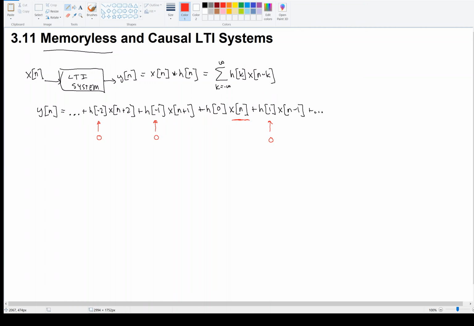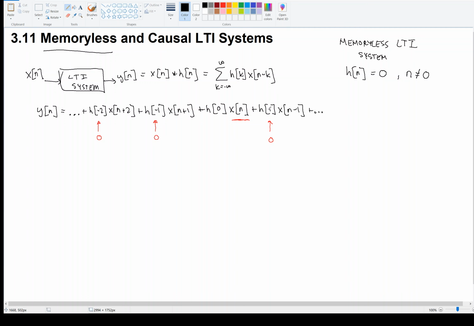So that leads to the conclusion that a memoryless LTI system must have an impulse response, h, that is 0 for n not equal to 0.